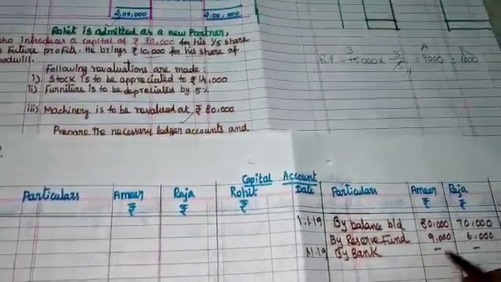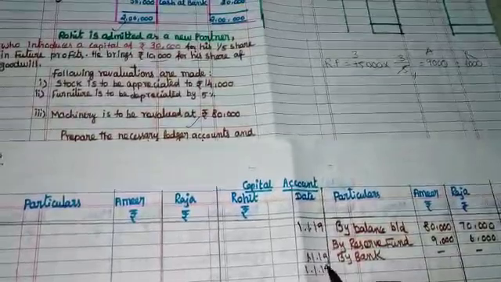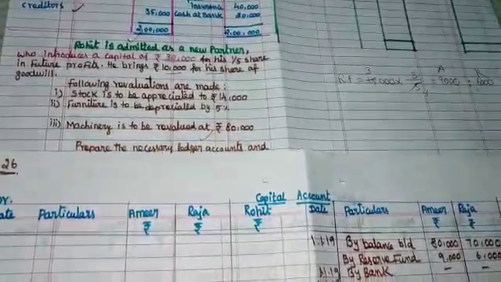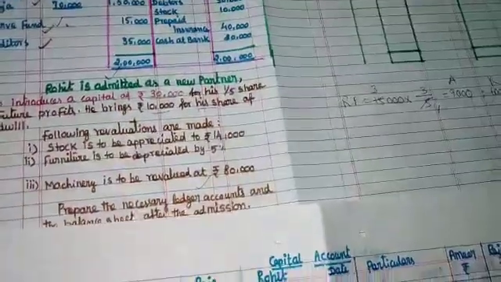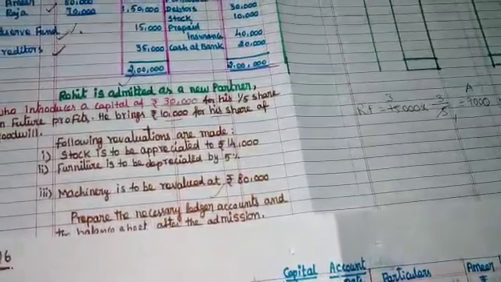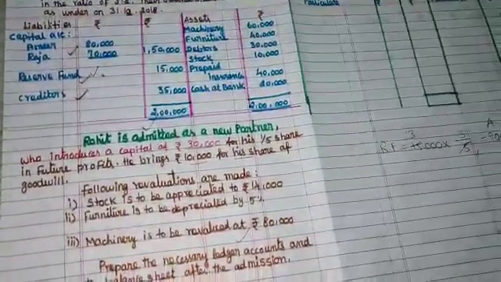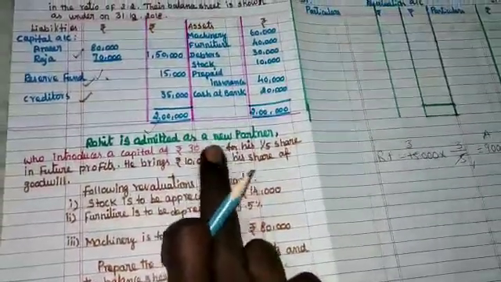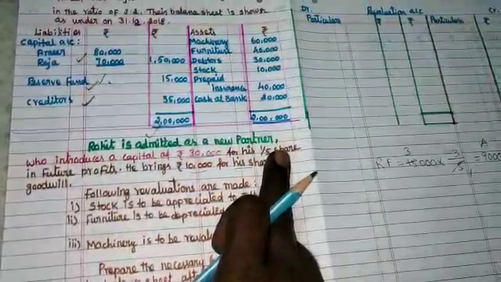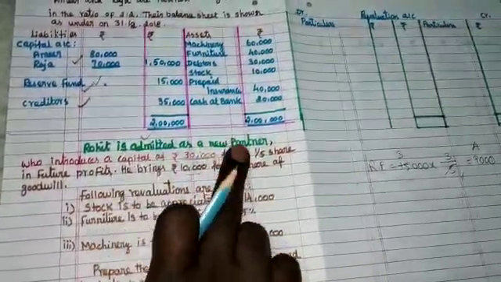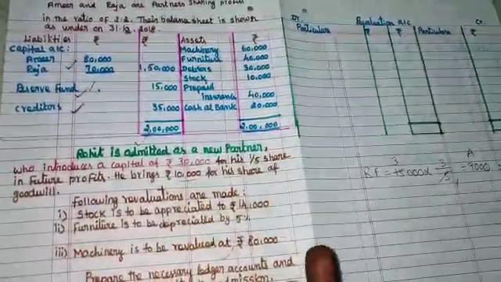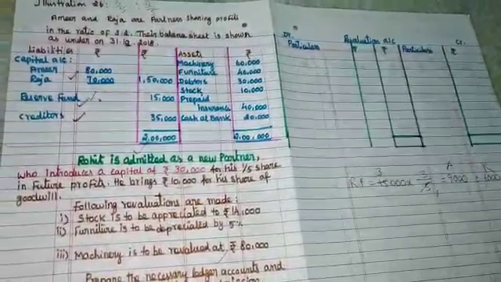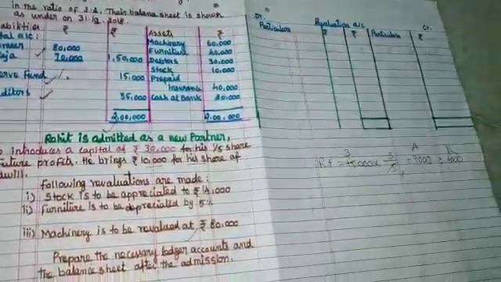Now you see here, on the same date he brought rupees 10,000 for goodwill. This goodwill amount will be distributed to the sacrificing partners. Here the sacrificing partners were not mentioned. Rohit got a 1/5 share, but from whom is not mentioned. The old ratio is given, but the new ratio and the proportion of sacrifice were not given to us.